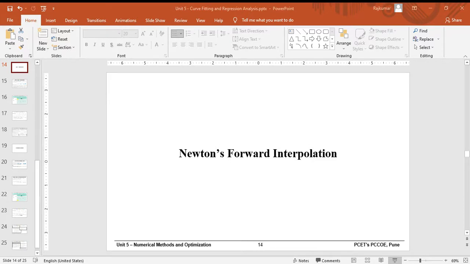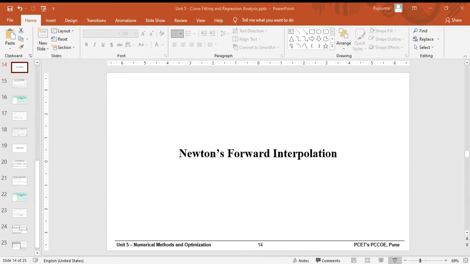So this will be your first value for del square y naught. Similarly, take the difference of 1.77 and 2.01, you will get the next del square y naught value. And similarly continue this process to get all the values of del square y naught.